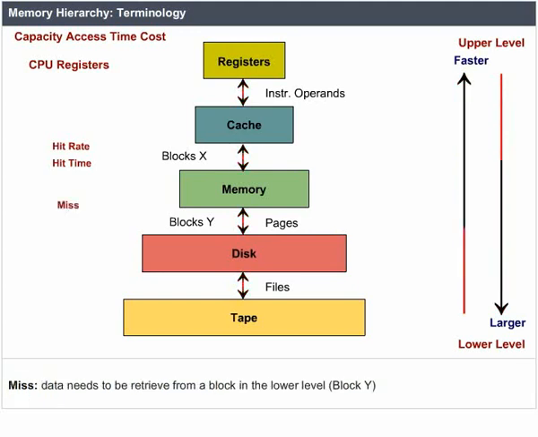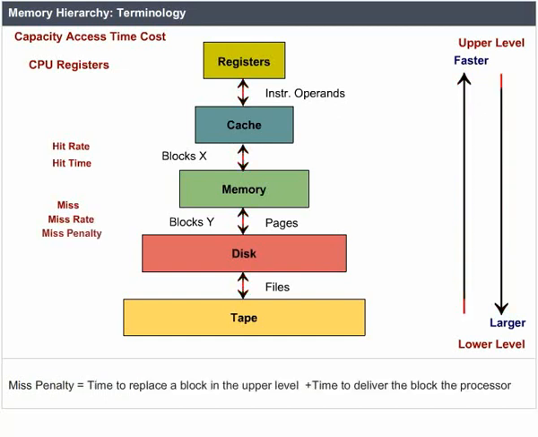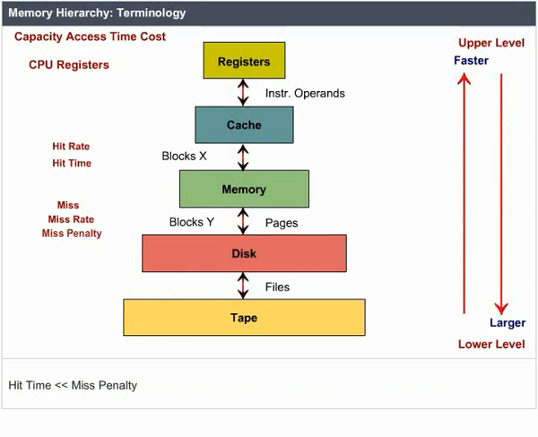Miss. Data needs to be retrieved from a block in the lower level, block Y. Miss rate is equal to 1 minus hit rate. Miss penalty is equal to time to replace a block in the upper level plus time to deliver the block to the processor. Hit time is much less than miss penalty.